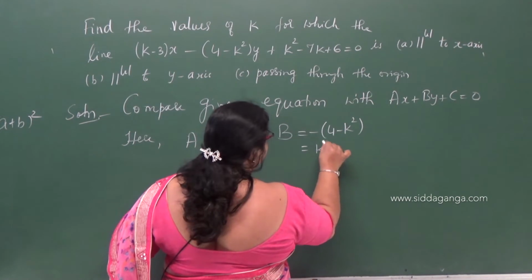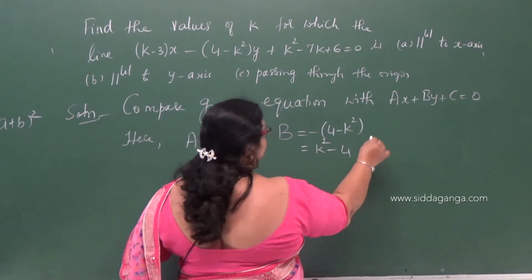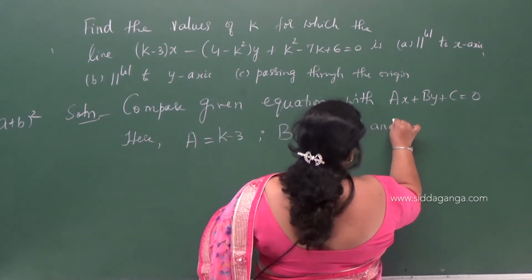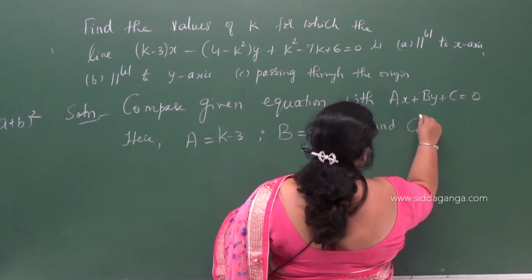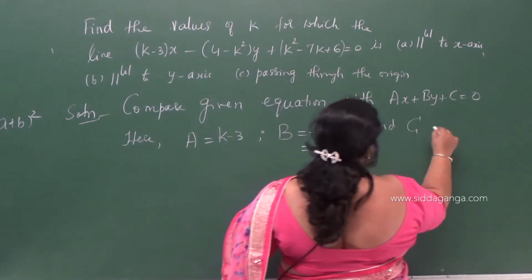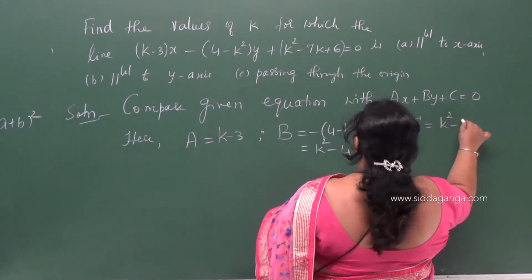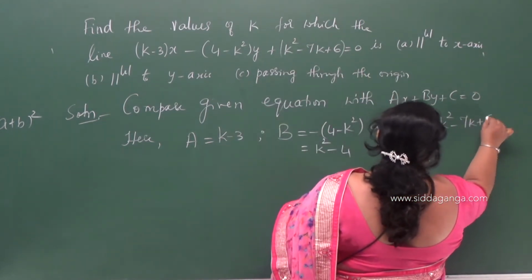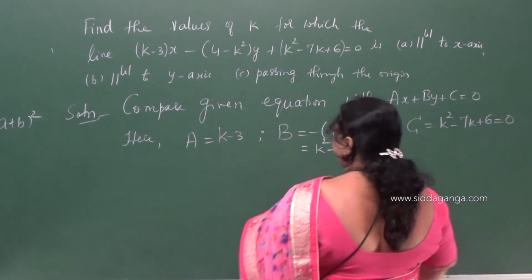The constant term, take it as capital C, is k square minus 7k plus 6.